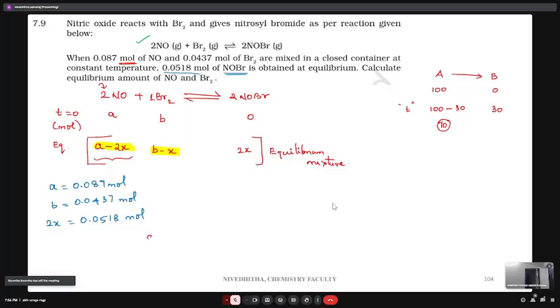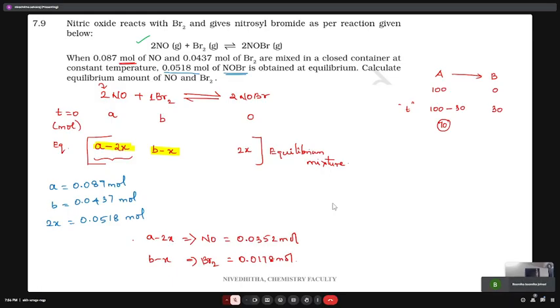So A minus 2x is the remaining number of moles of NO, which is 0.0352 mole, and B minus X is the remaining number of moles of Br2, 0.0178 mole.